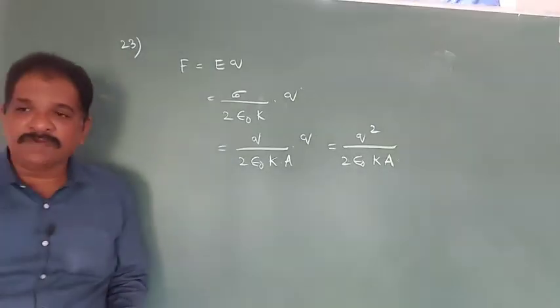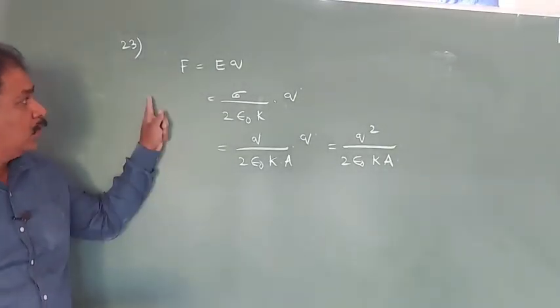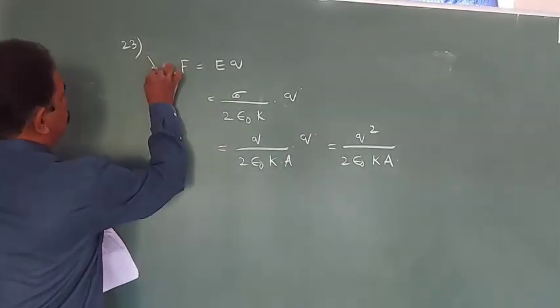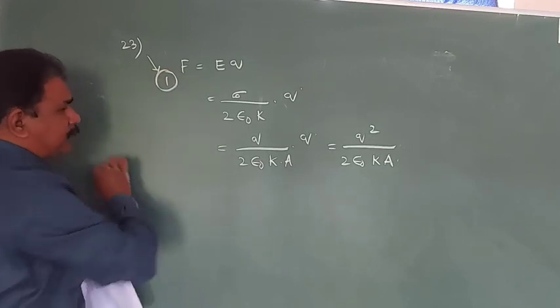So the force of attraction between two plates of the parallel plate capacitor, 23, will be the first option.